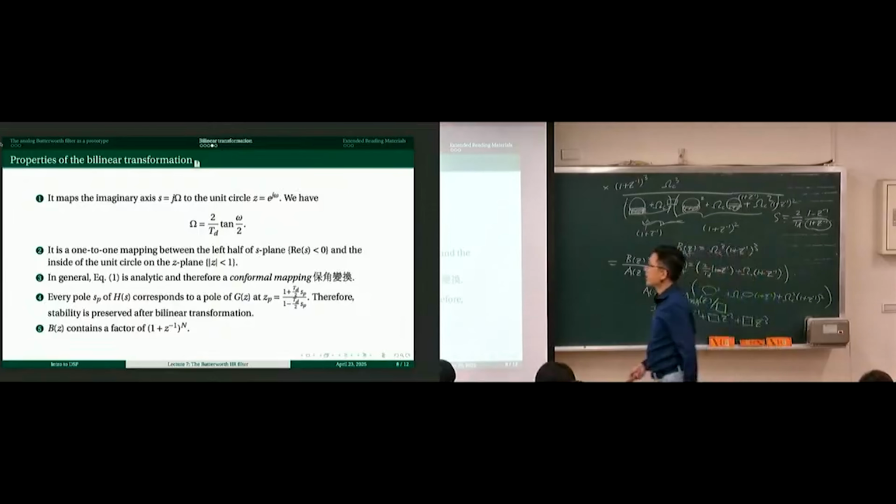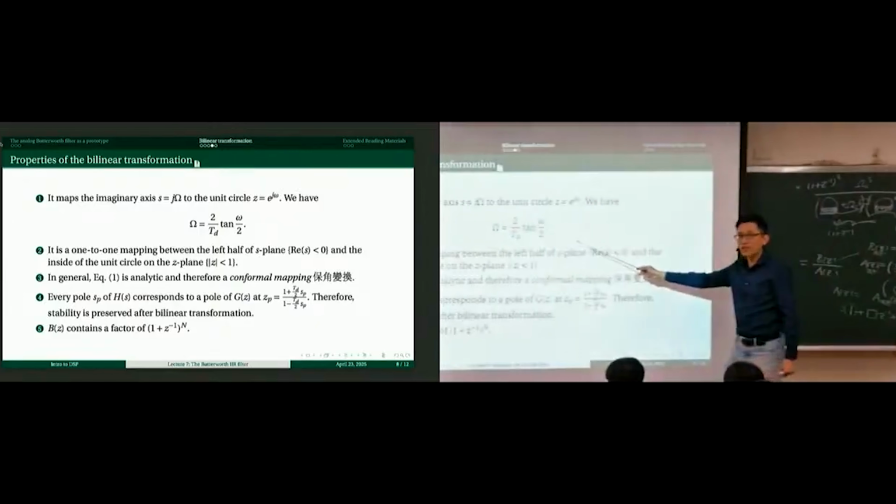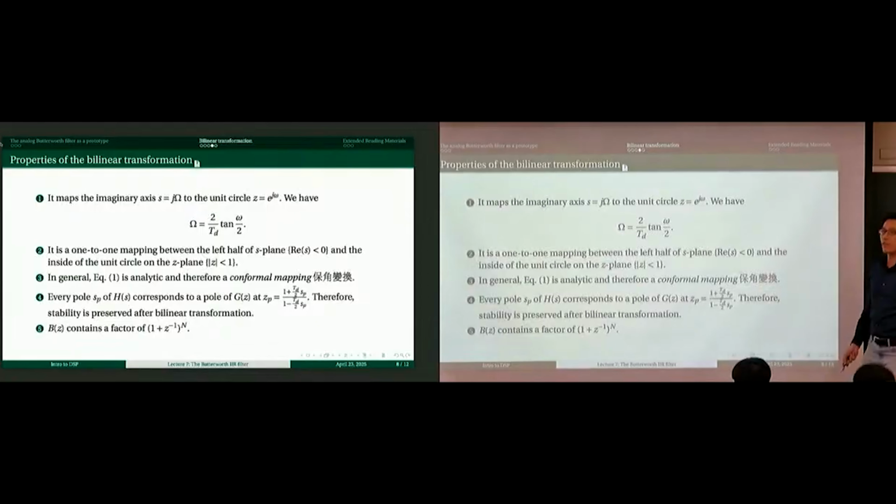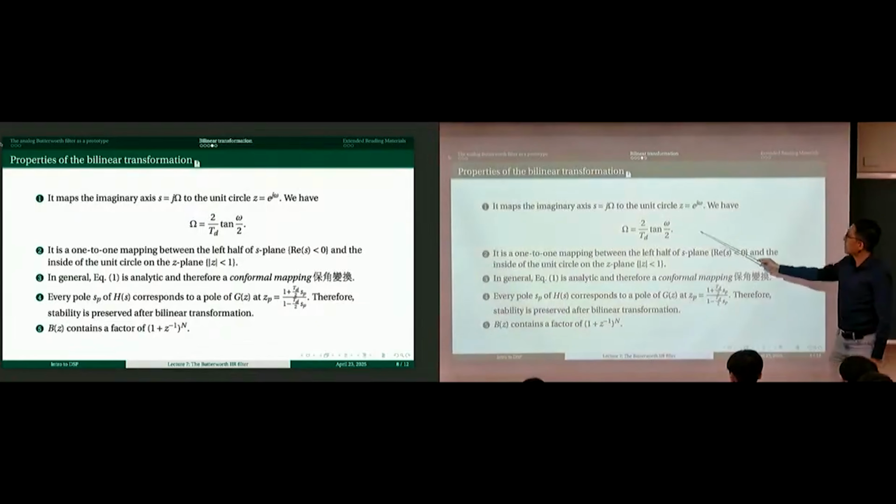But that's a natural property of the tangent, right? Tangent does that, okay? Or the other way around, tangent maps the finite interval of 2 pi to the set of the entire set of real numbers, okay?